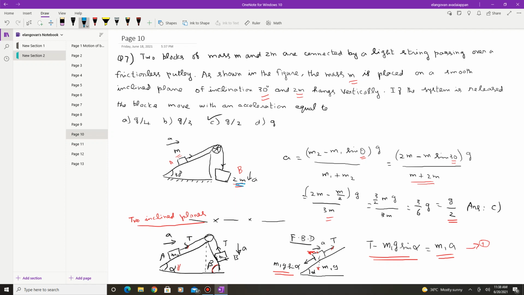If the system is released, the block moves along the direction of the inclined plane with an acceleration equal to what? So we are asked to find the acceleration, which must be the same for both blocks.